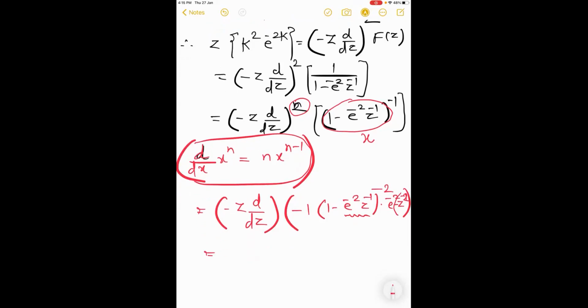We have the first differentiation. One more differentiation we have to carry out. It is minus of minus, you can keep it as a plus, 1 minus e raised to minus 2 into z raised to minus 1, raised to minus 2, multiplied by e raised to minus 2 z raised to minus 2. This term will be coming.